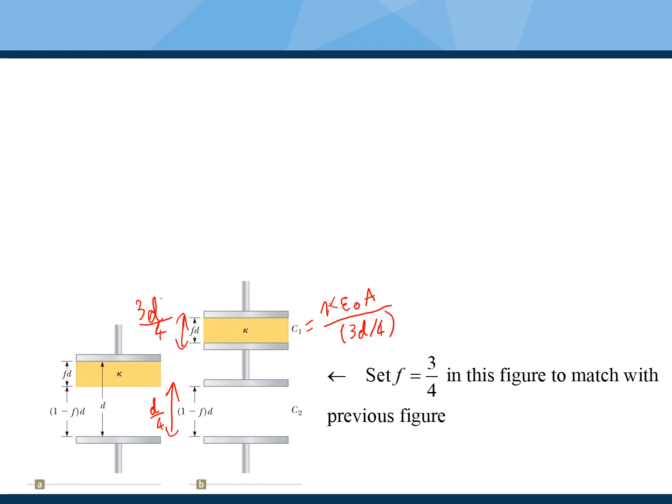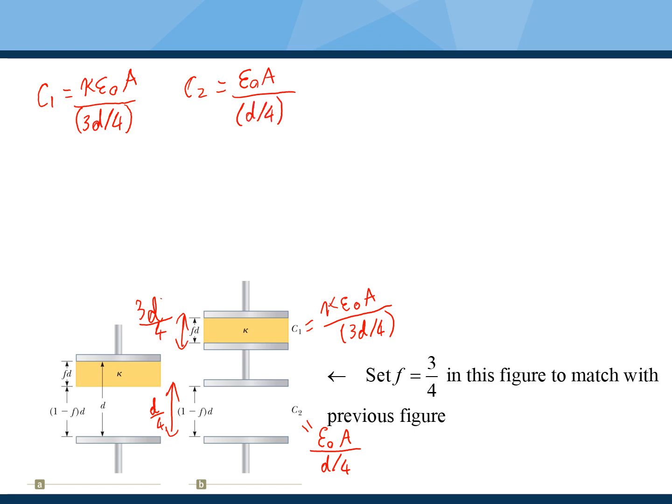For C2, C2 is equal to epsilon naught A divided by the distance between the plates, which is d over 4. So we obtain C1 equals kappa times epsilon naught times A divided by 3d over 4, and C2 equals epsilon naught times A divided by d over 4.